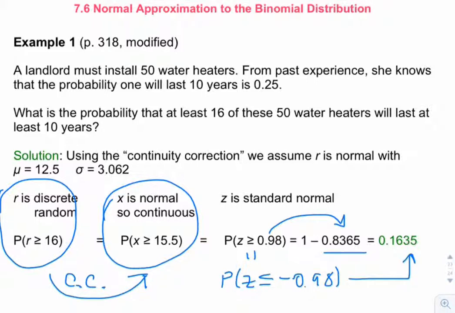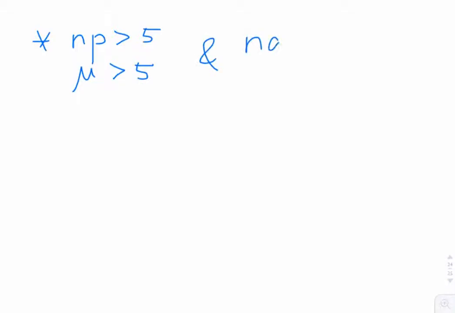And then we're back to our situation from the very first sections of Chapter 7, going from one normal variable x to the standard normal variable z. So a couple of things to keep in mind: we need NP greater than 5, which is the same as mu being greater than 5, and we need NQ greater than 5.